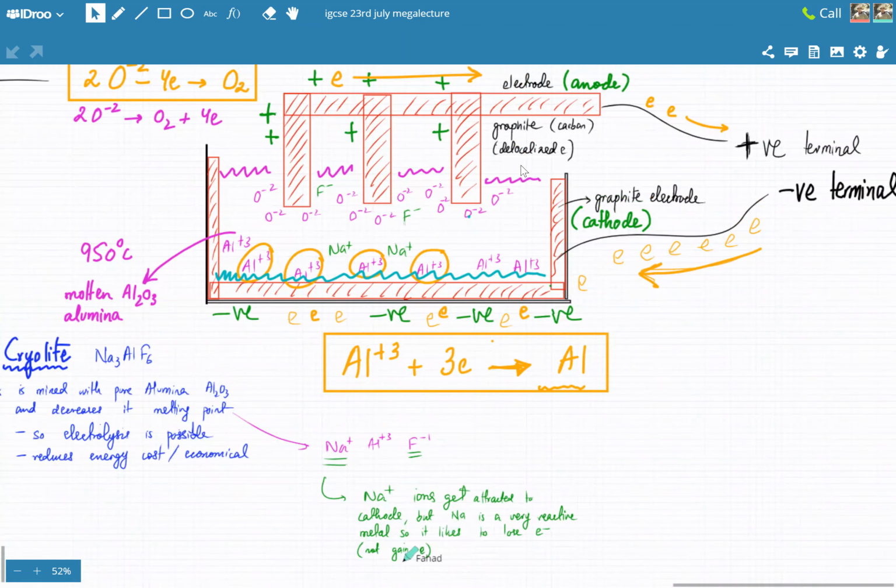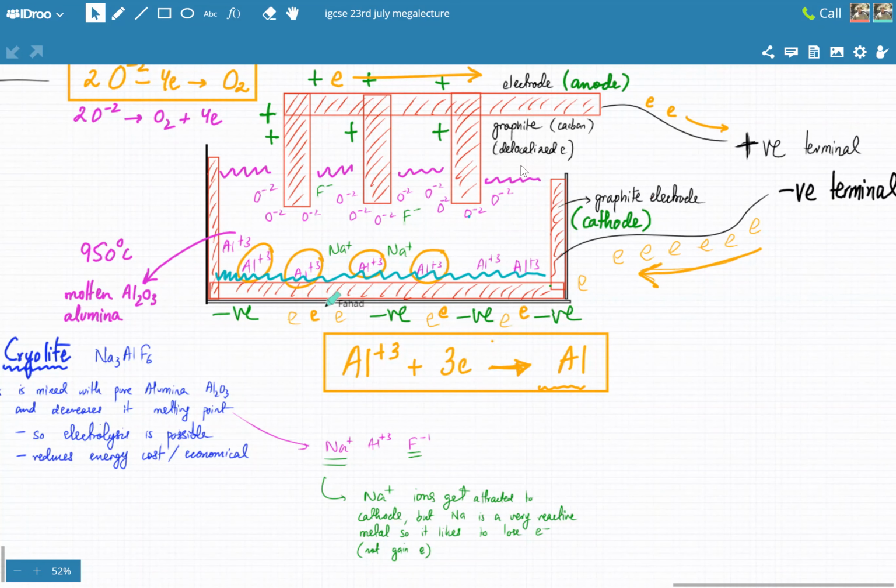ठीक है, ये idea clear है कि Na+1 will come over here, will get positive ion, will get attracted to the negative cathode. But Na+1 is so reactive that it always has a very strong tendency to lose electrons and form positive ions instead of doing the opposite. ठीक है, so if there's Na+1 formed, it really doesn't like to gain those electrons back. ये metals की reactivity में यही था ना कि जब हमने metals की reactivity पढ़ी थी, the more reactive the metal, the more stronger is its tendency to lose electrons.